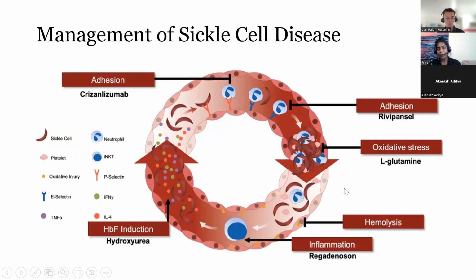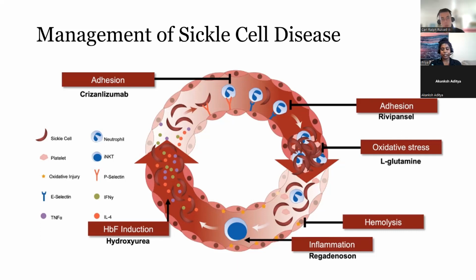So how is sickle cell disease managed? Really, there's many different ways to manage sickle cell disease. A lot of the drugs are targeted to decrease inflammation, increase the affinity of oxygen to hemoglobin, which then, as I mentioned earlier, the oxygenated form of hemoglobin doesn't sickle. It's the deoxygenated form that is sickled.